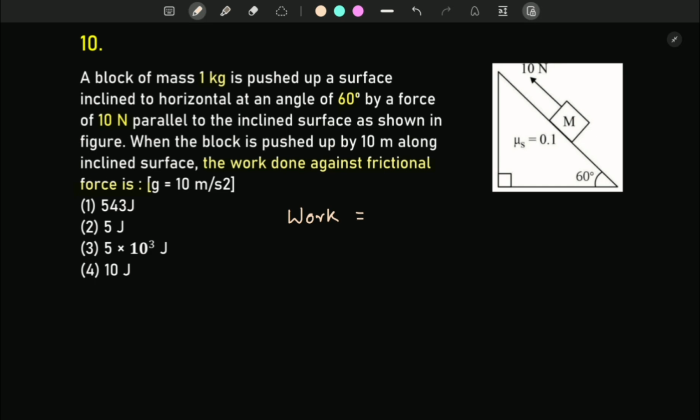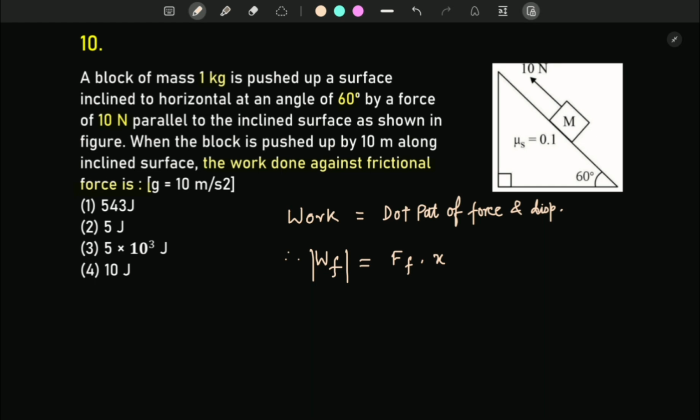Work done is equal to the dot product of force and the displacement. This is the basic definition of work. So work done by frictional force is equal to frictional force into displacement x.